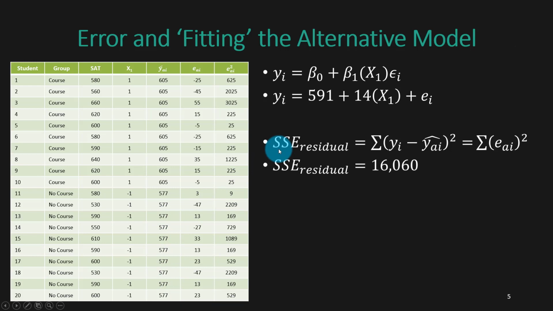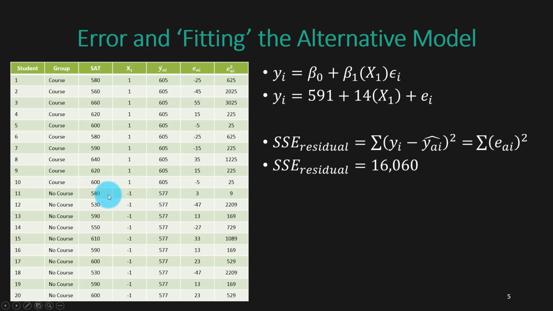So what we're interested in is calculating the sum of squared errors for the residuals from this model, and how different it is from the sum of squared errors total we got before. The sum of squared errors of the residuals is calculated the same way. We take each y and compare it to its prediction. For everyone in the course group, we take their actual value, compare it to 605, and get a difference.